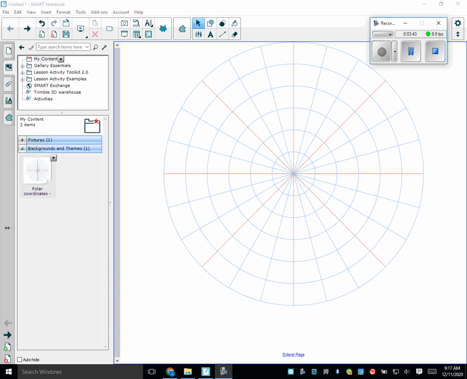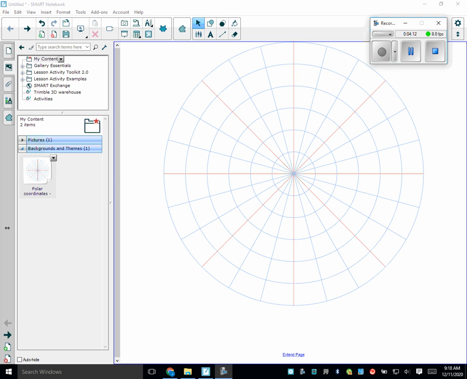I generally do 5. Then your X minimum and X maximum, Y minimum and Y maximum, do negative 10 to 10. Now that your calculator is set up, what should the X scale be? 1, yes.